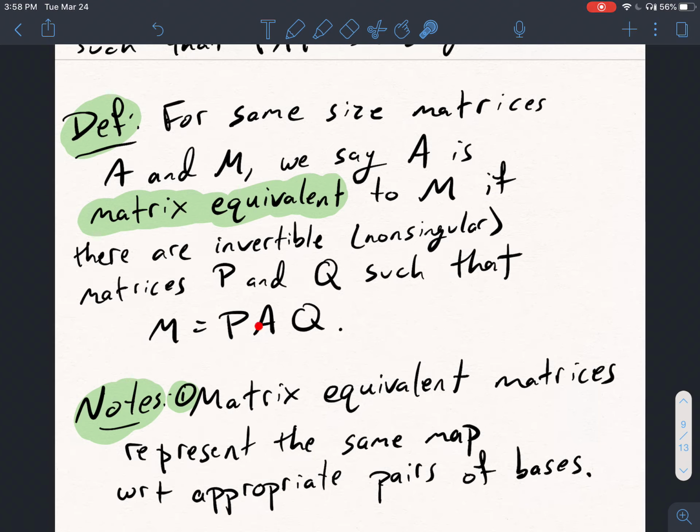Therefore, PAQ also represents the same map that A represents, just with respect to the different bases that P and Q changed us to.